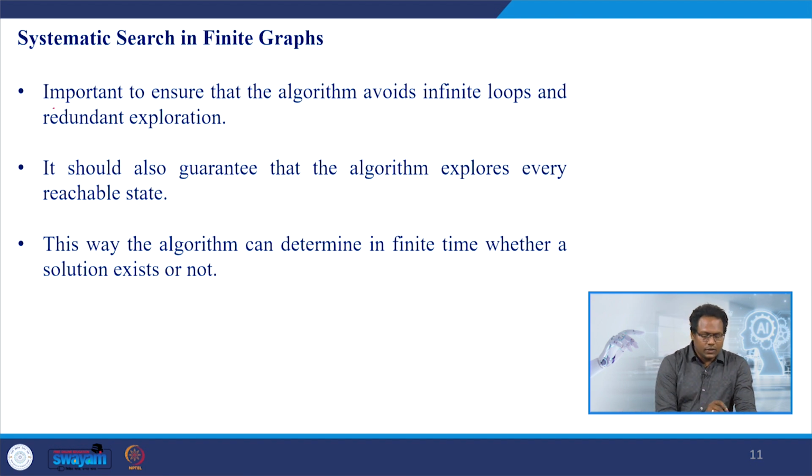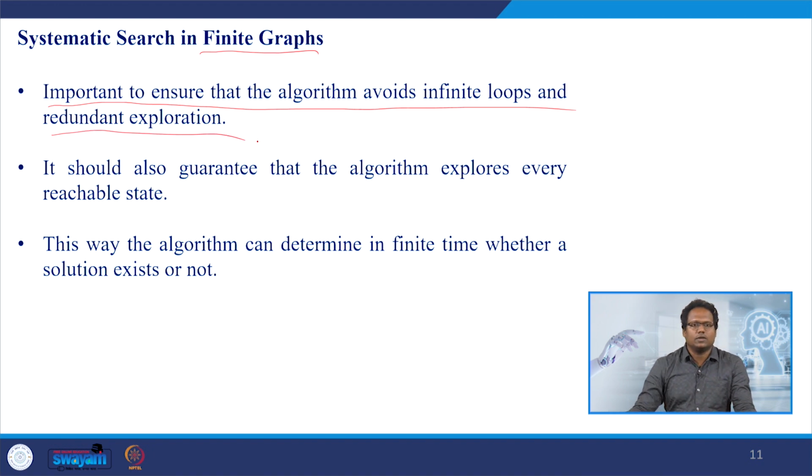It is important to ensure that the algorithm avoids infinite loops and redundant exploration. That is in the case of finite graphs, because we must make sure that systematic search in finite graphs avoids infinite loops and redundant or excessive exploration of the same state or location.